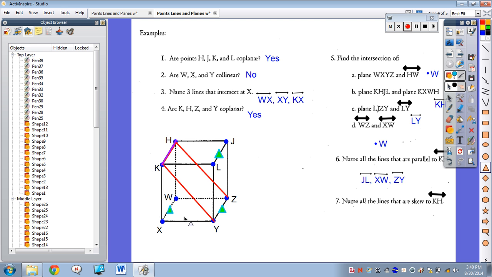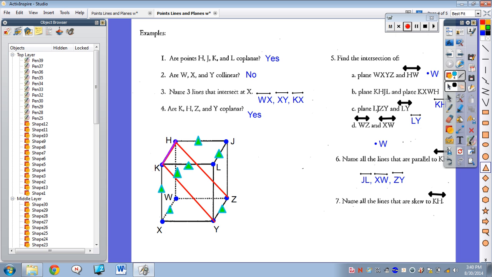And we have to eliminate the ones that intersect KH, because skew means not parallel and not intersecting. So which lines intersect this line? HJ intersects at H, so that one's gone. KL intersects at K. XK intersects at K. HW intersects there as well. So I think we got all the lines that intersect.